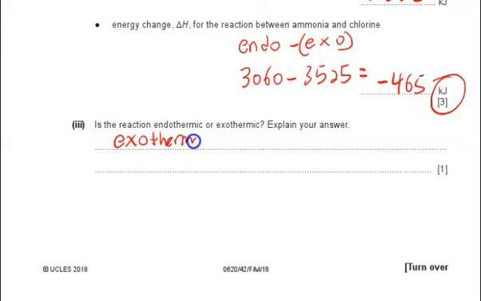Okay, let us move to the next question. Ammonia reacts with oxygen at high temperature in the presence of a suitable catalyst to form nitrogen oxide. How does this chemical equation show ammonia acting as a reducing agent?